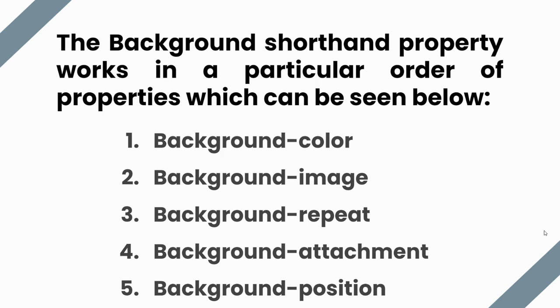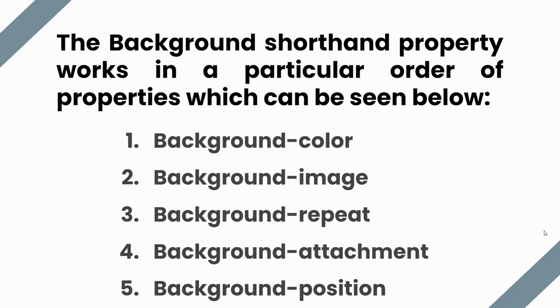Now you might be wondering, what if you don't need a particular property here? If you don't need a particular property in this order, let's say you don't need the attachment property, no problem. All you need to do is to make sure the first property is the color, which is followed by the image, then the repeat, and lastly the position.